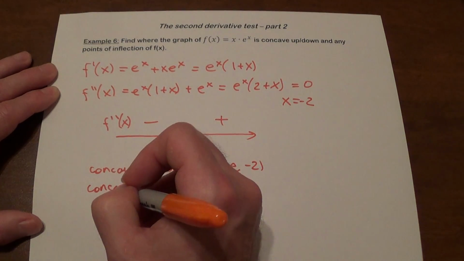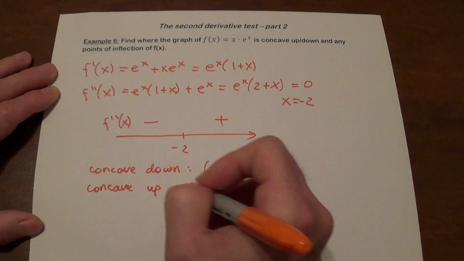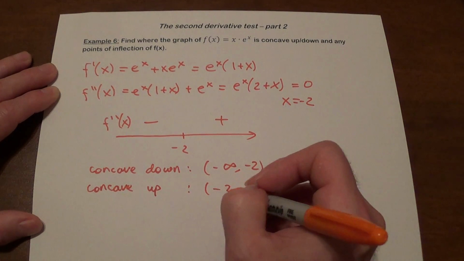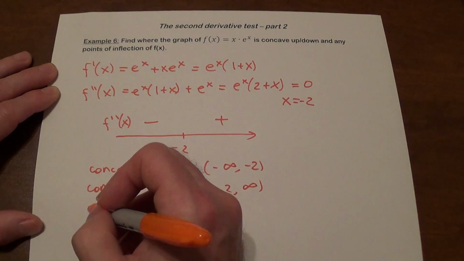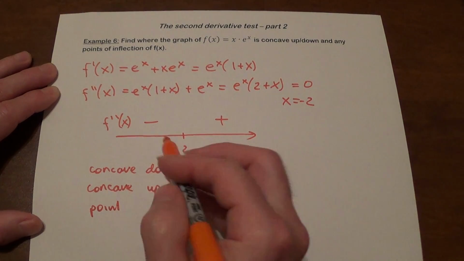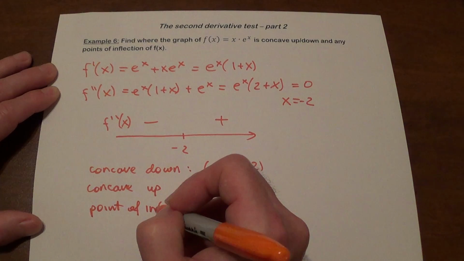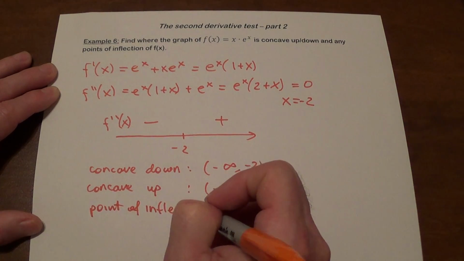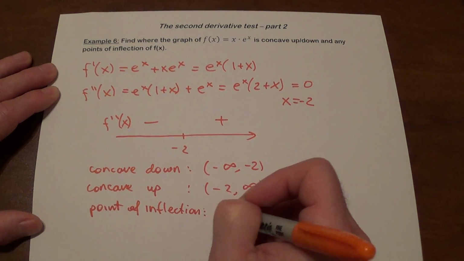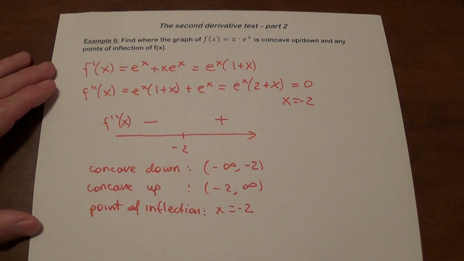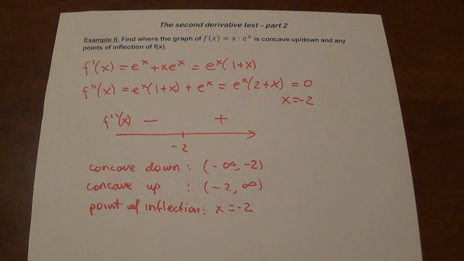It's going to be concave up on an interval from negative 2 to infinity, and we will have a point of inflection because the second derivative changes sign here, at x equals negative 2. Okay, I hope this was helpful.